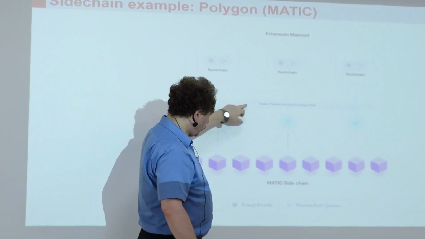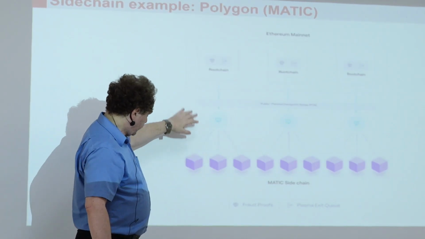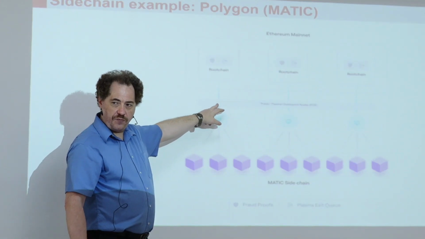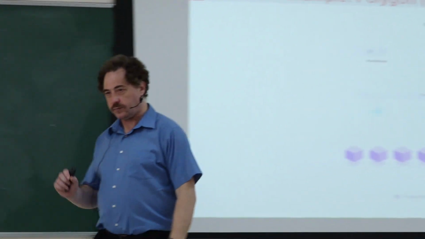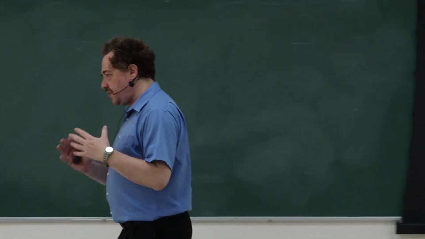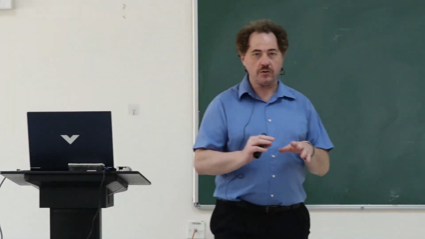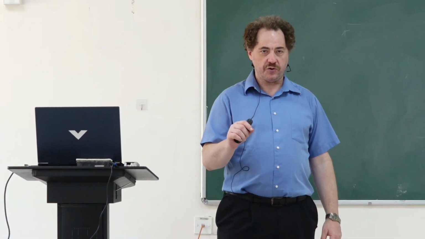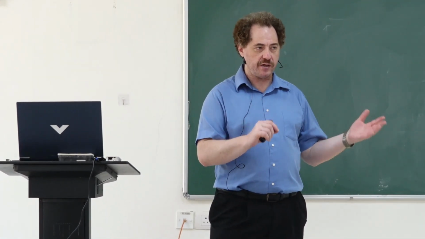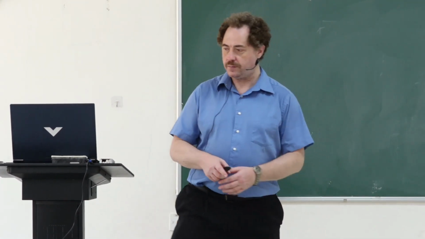So there is checkpointing between the main chain of Ethereum and the sidechain. That's the idea, the checkpointing. They synchronize the result periodically, or there are certain triggers for synchronization between the main chain and the sidechain.